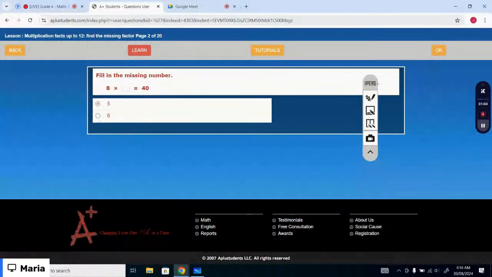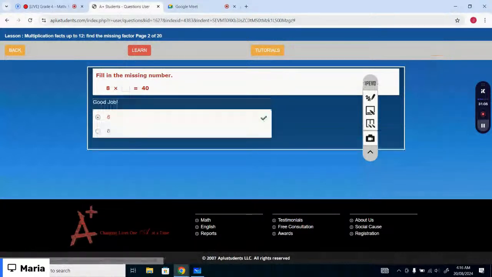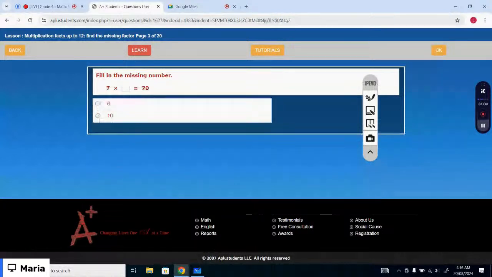The next one is 7 times what number is 70, which is the correct option?